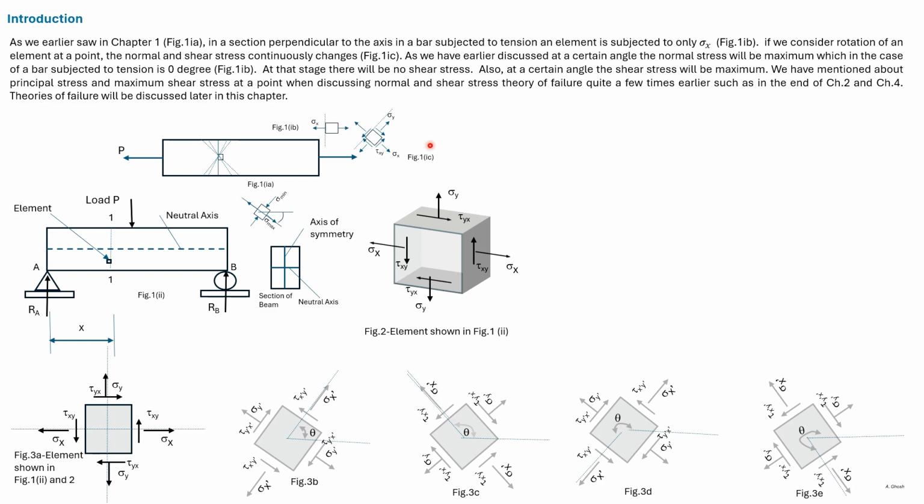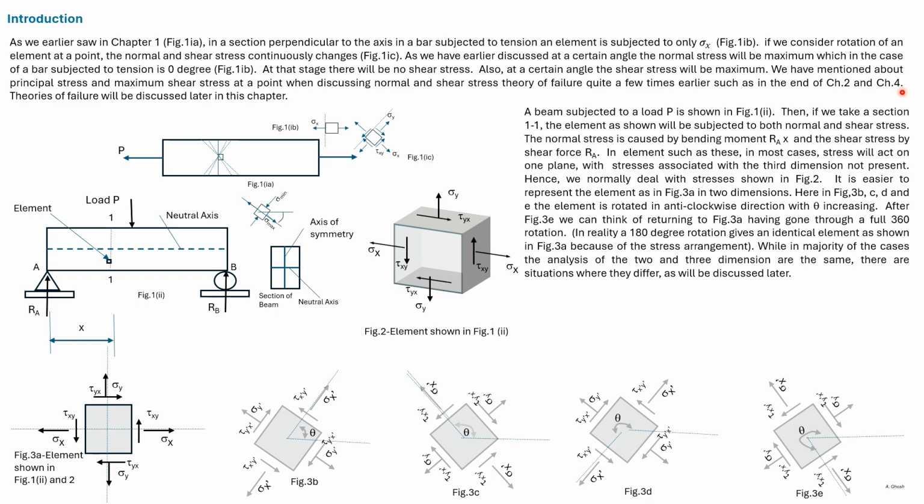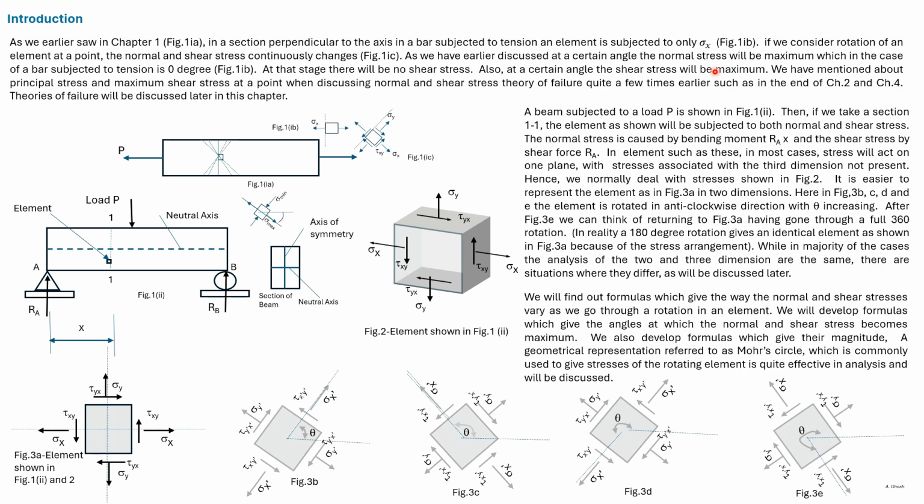So the behavior discussed here is general for any element in a loaded beam, except that the angle here can change. So alpha can be different from 0. All this will be established theoretically in this session.